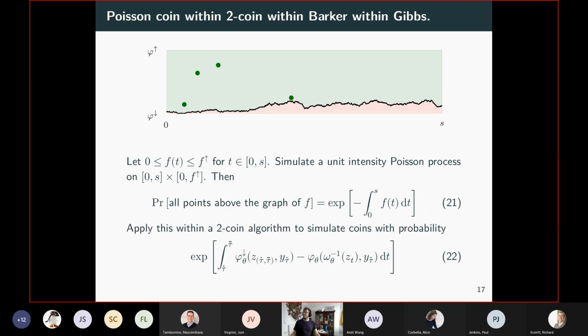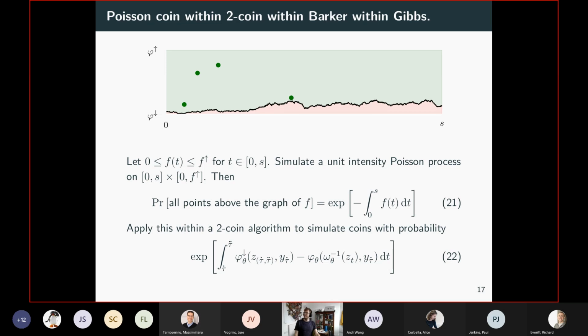So how do we go about that? That is actually the final level in our methodological tower. So how do we go about flipping these coins? Think of having a path integrand f, which is lower bounded at 0 for simplicity and has some upper bound on some time interval.